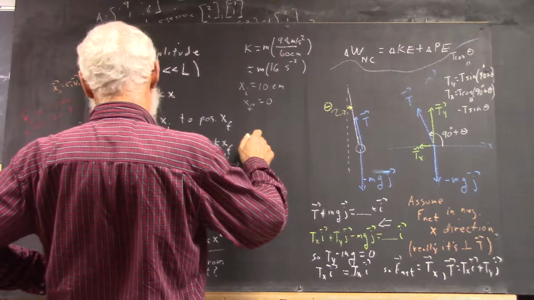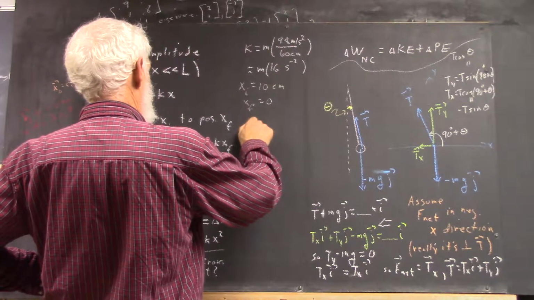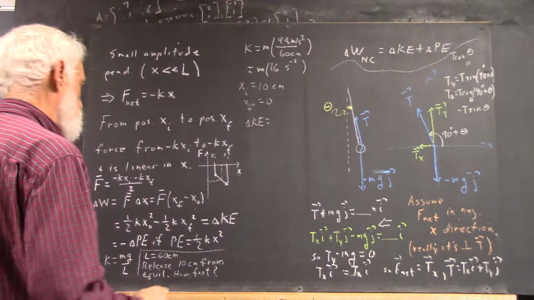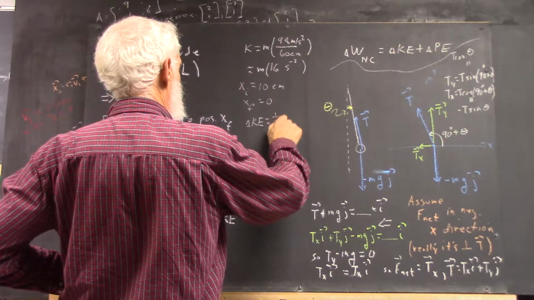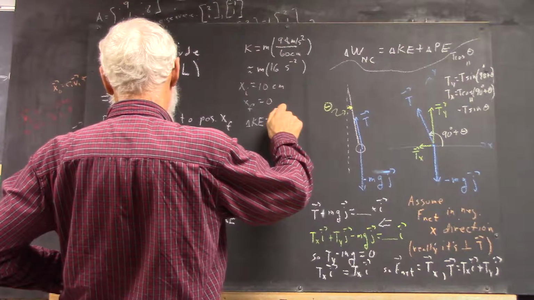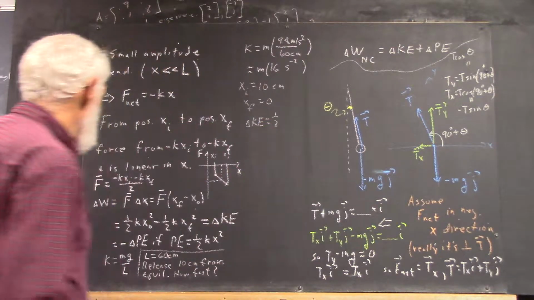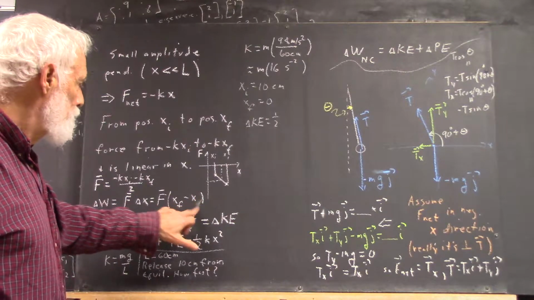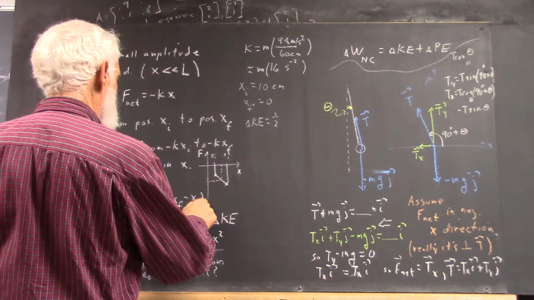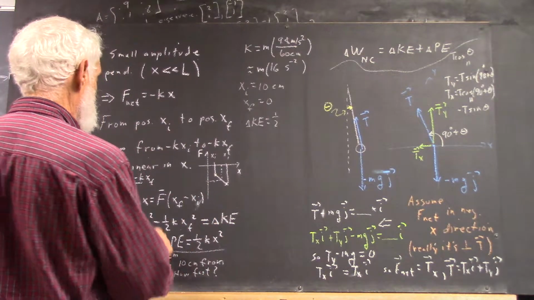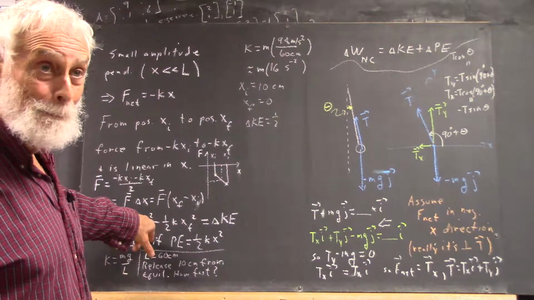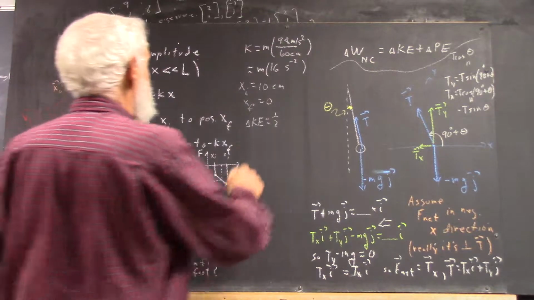So that our delta KE, which is, after all this stuff about xi and x0, somebody wanted to use x0, so I wrote down x0 without thinking, it's xi, right? Okay?